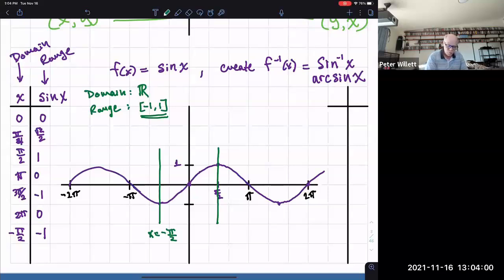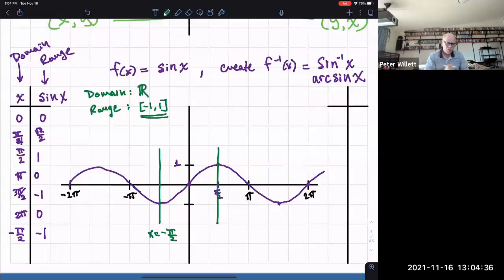In that limited set of input values between -π/2 and +π/2, we will now see that the sine function has covered all possible output values that it can ever attain: -1, 0, 1, and everything in between. The entire range is covered in those angle input values. And if we also just look at that part of the graph, what you will see is that that little piece of the graph now passes the horizontal line test.